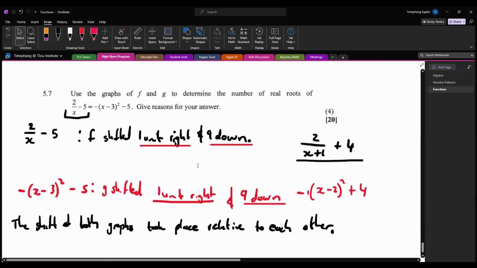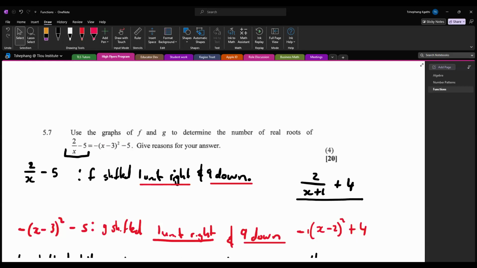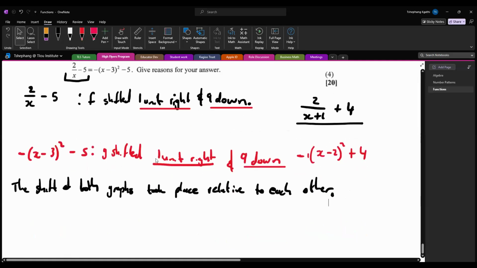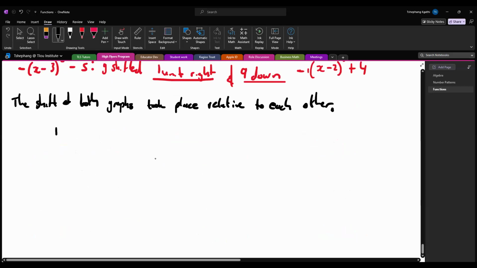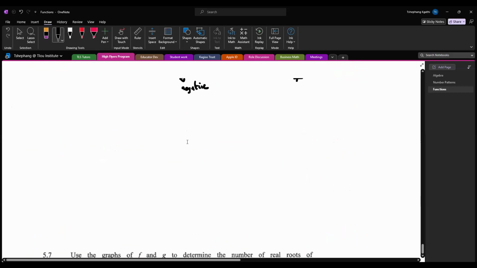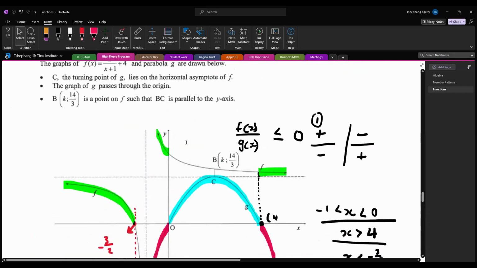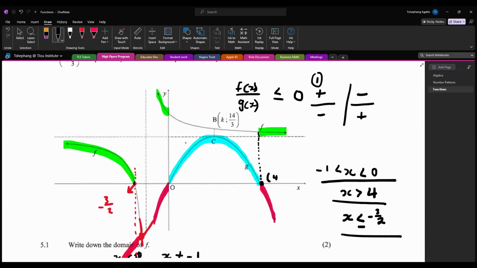Let's go back and try to answer our questions. Now, there will only be 1 point of intersection. Which point am I even talking about? I'm going to go back to the graph so you can visualize it again. I'm going to try and clean it up.